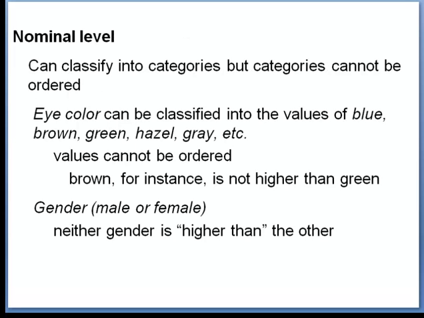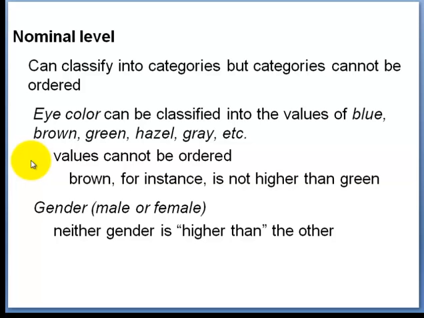At the nominal level, one can classify values, but these values or categories cannot be ordered. So the idea is we can classify eye color into blue, brown, green, hazel, gray, etc. Yet these values can't be ordered.